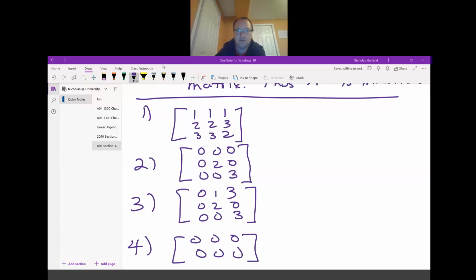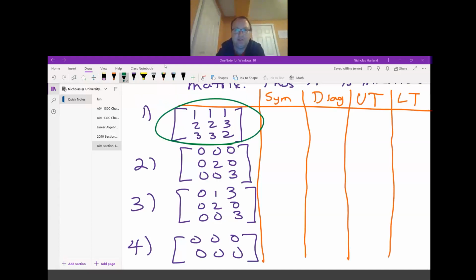So symmetric, diagonal, upper T, lower T. All right, so first one. Is it symmetric? First one, is it symmetric? No, why not?